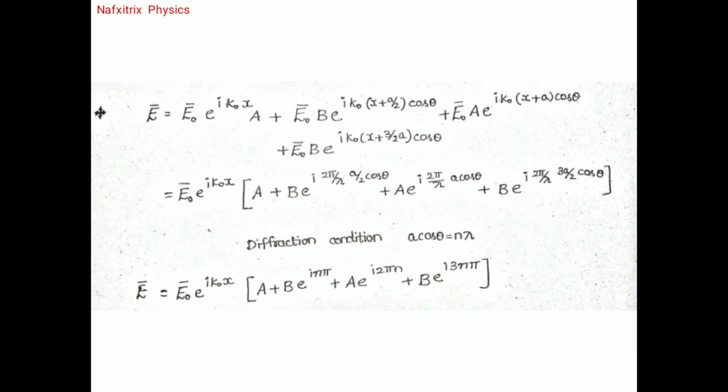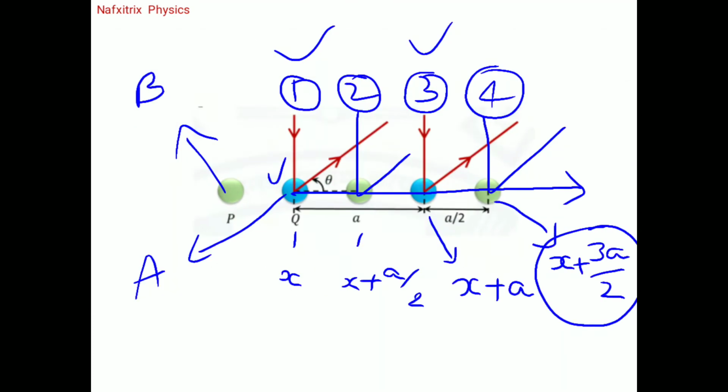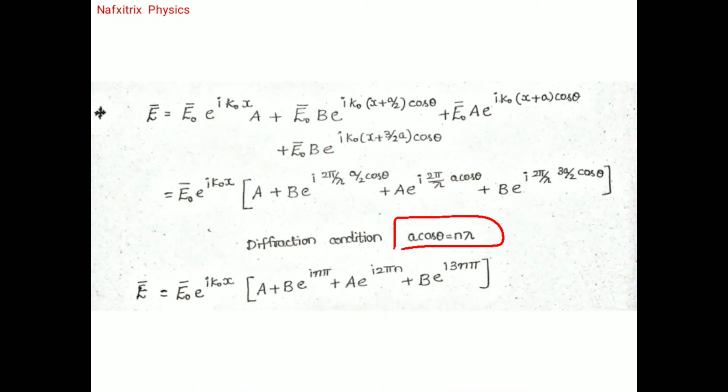And now this diffraction condition had been given in the question. a cos theta is equal to n lambda, the condition for diffraction. So next, here we can see a cos theta, the 2 would get cancelled, a cos theta by lambda. So a cos theta by lambda could be written as n. So in each and every case, a cos theta by lambda is replaced with n.